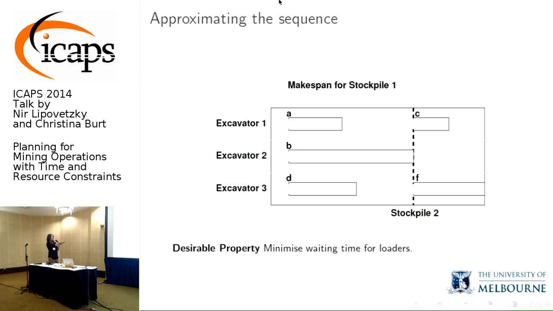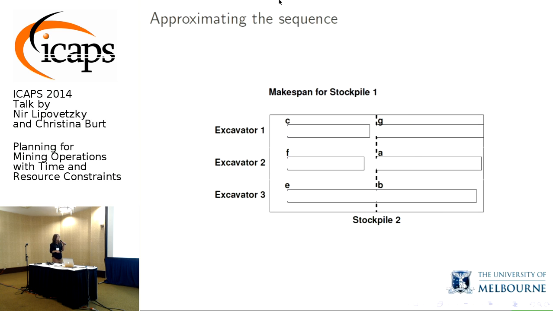So you can see here that because we can't start the next stockpile until all of the tasks are completed, some of the excavators are waiting around, and one would expect that this is going to contribute to a longer makespan. So our aim will be to minimise the waiting time for loaders. And we interpreted this to mean we want to minimise the deviation between the workload that we allocate to the loaders. We want their workloads to be as similar as possible.